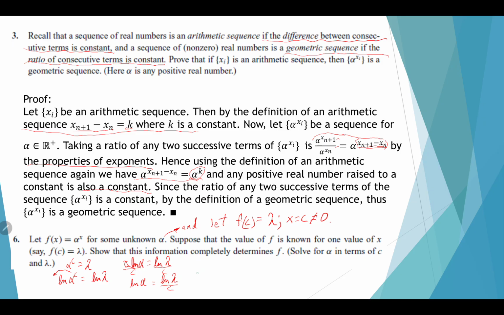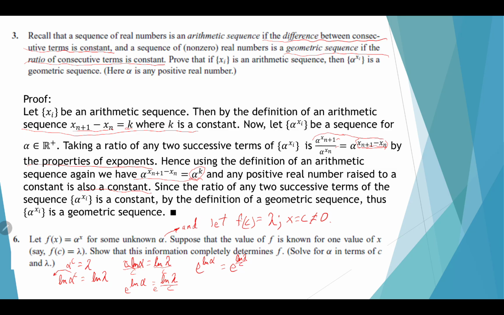Now, because I used ln, this would have worked if I used log, I just would have had to put a base of 10. I'm going to raise each of these to the e. So then I have e to the ln of alpha is equal to e to the ln of lambda over c.